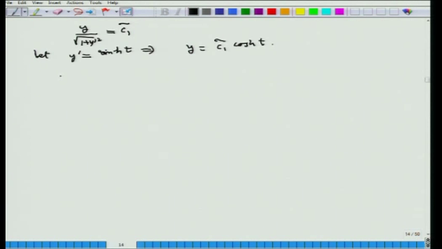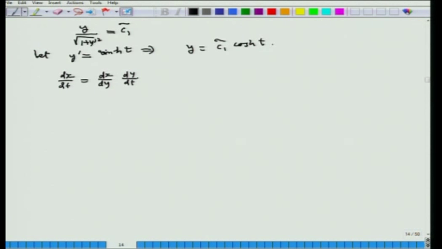Now, to get dx by dt, it is dx over dy into dy by dt.